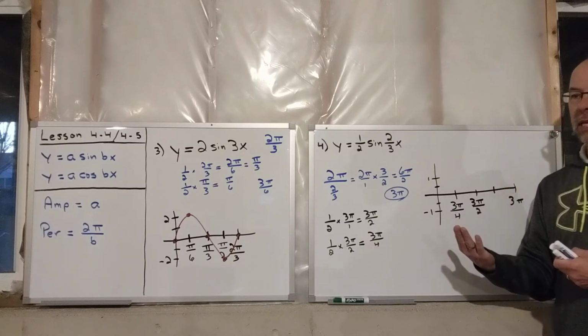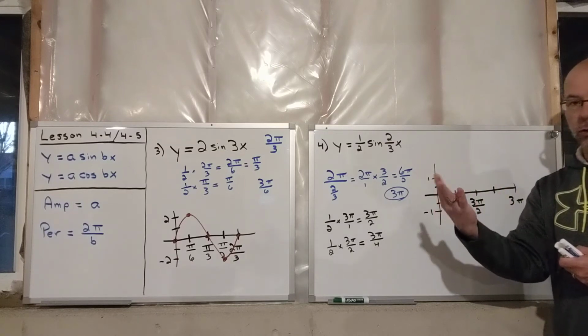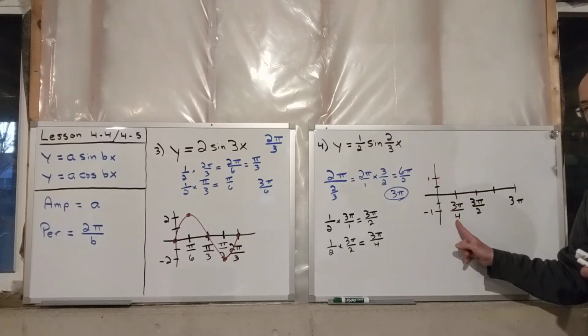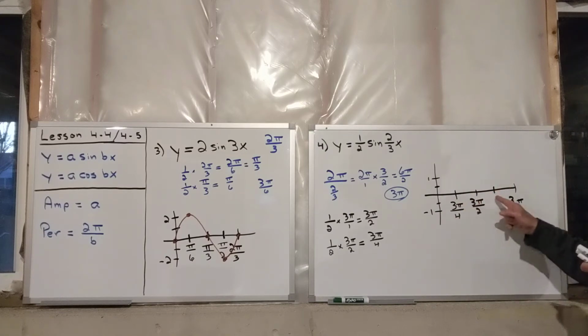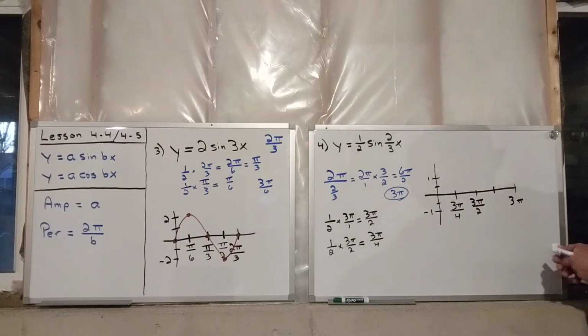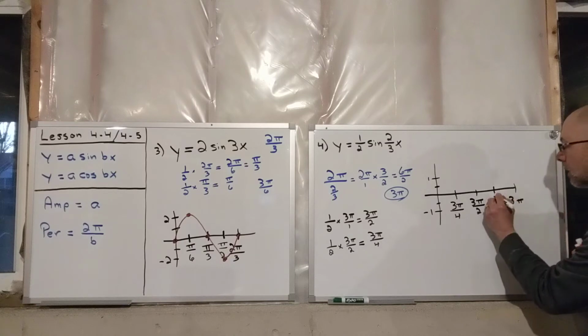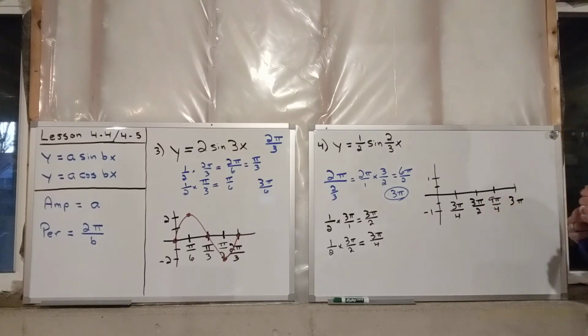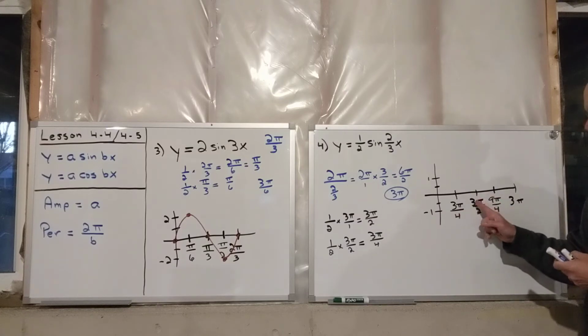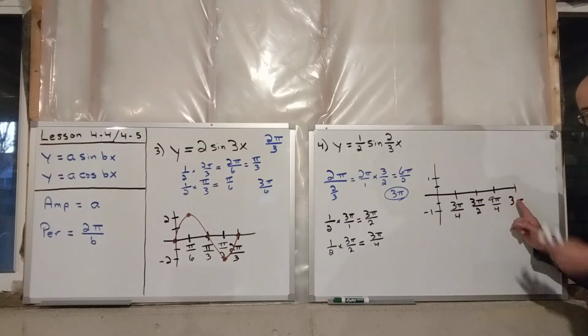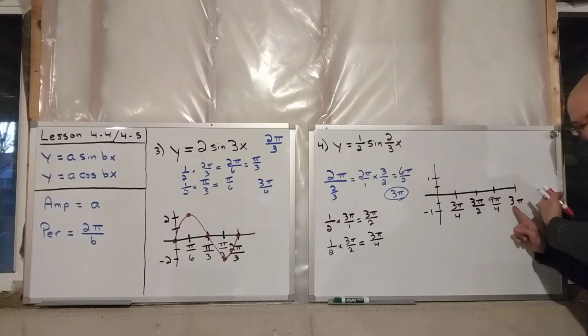I got to count by 3s. 3, 6, 9, 12. Fourths. So 3, 6, 9 fourths. 9 pi over 4. Now I always count the last one. Remember I said 3, 6, 9, 12 fourths? Folks, 12 over 4 is 3 pi.